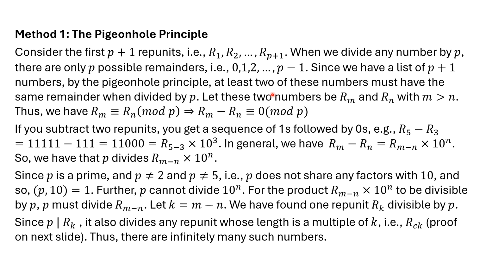I have two different solutions for our problem. The first one is based on the pigeonhole principle. It's pretty simple in concept. Let's say you had 10 pigeonholes, 10 containers, and you had 11 balls, and you had to put the balls into the containers.